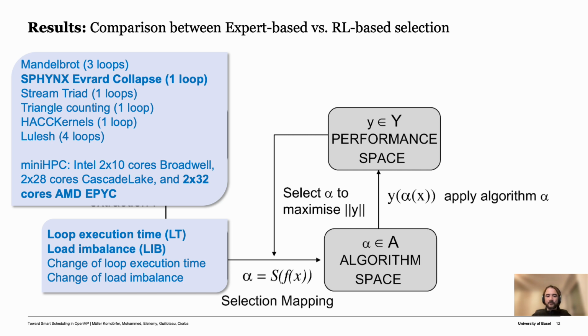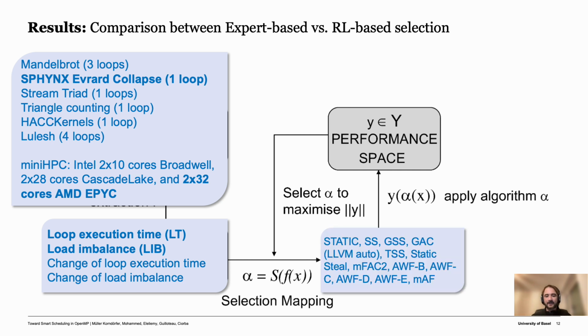Now, we are evaluating loop execution time and loop load balance, depending on the methods. So this is measured during runtime, and what matters is when it changes from one time step to another.